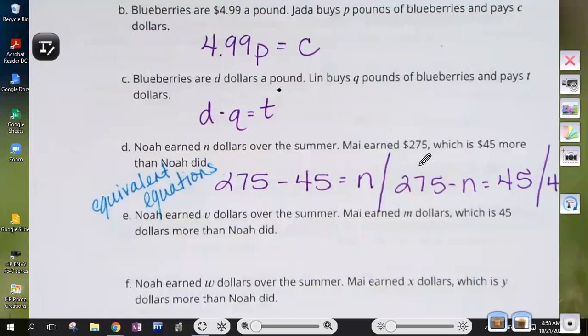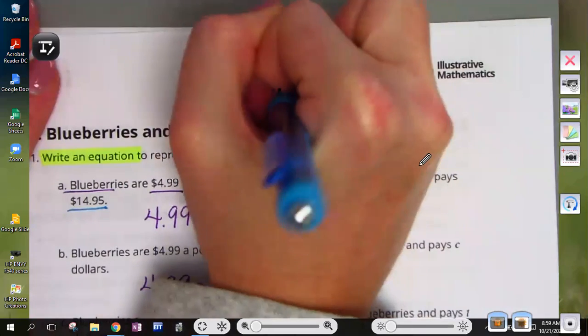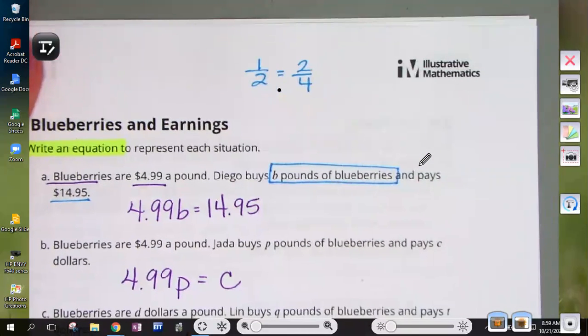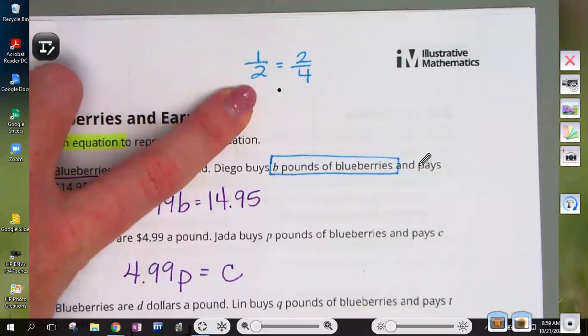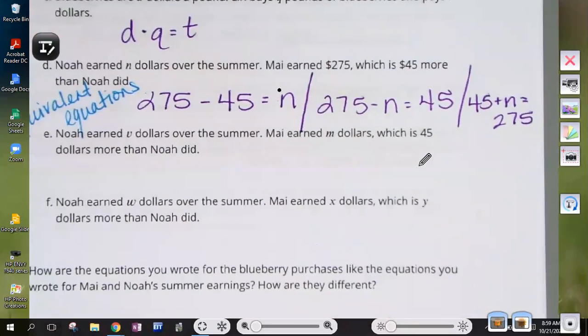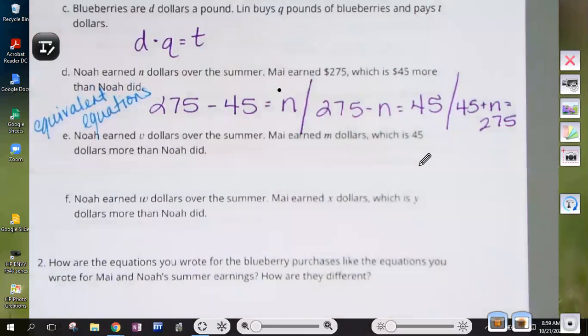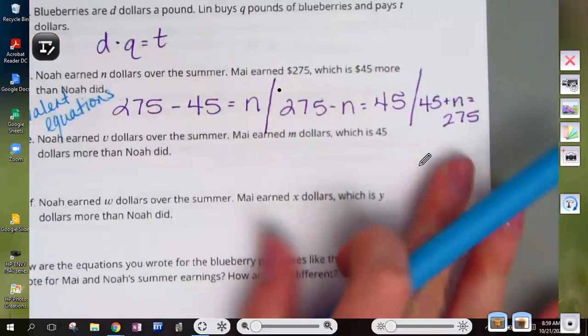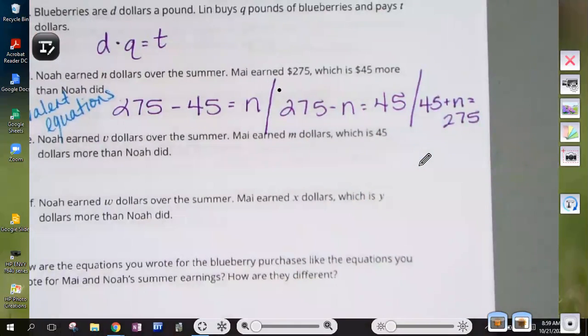The same way 1/2 is the same thing as 2/4, right? Those both represent 1/2, they just look different. Do y'all agree with that? Because those are equivalent fractions. These are equivalent equations because the same situation can be represented differently. For example, this one, you have it solved for how much Noah made, whereas these, we would have to rearrange our equation and then end up having to solve for Noah.